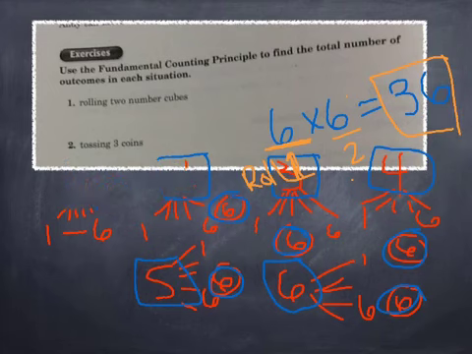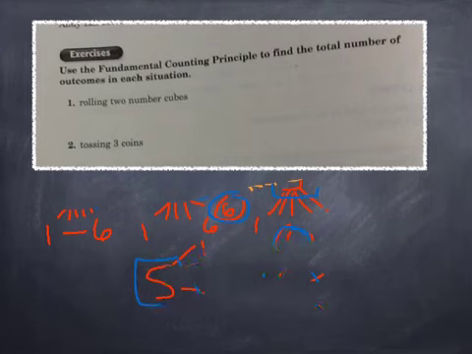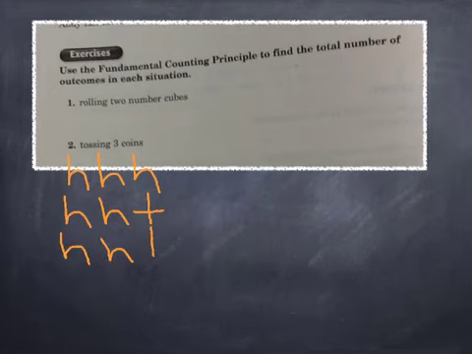Great. Let's look at another one. So if we're looking at tossing a coin, we're going to toss actually 3 coins this time instead of just 1. First we'll show our sample space, and then we'll demonstrate the fundamental counting principle. So if I toss 3 coins, I could get all of them heads, or I can get heads, heads, tails, or heads, tails, heads, or heads, tails, tails.